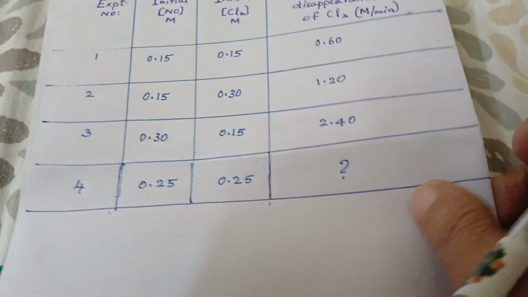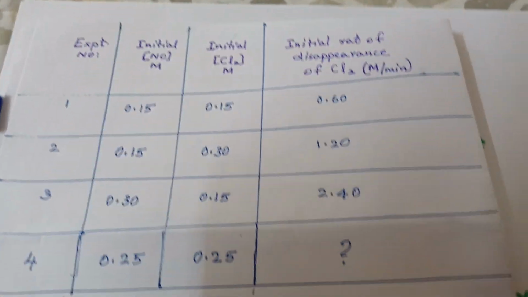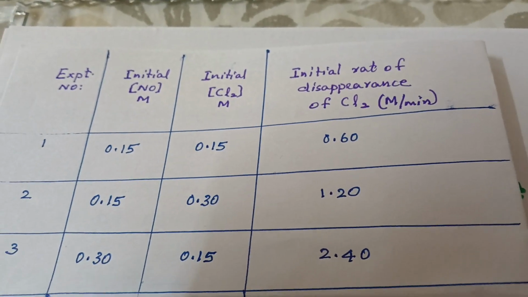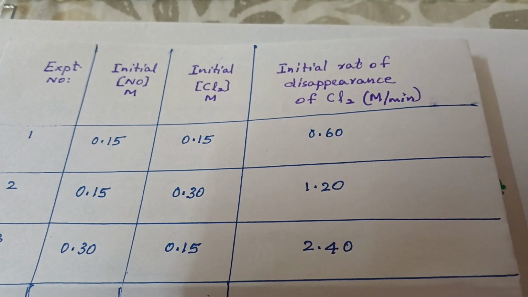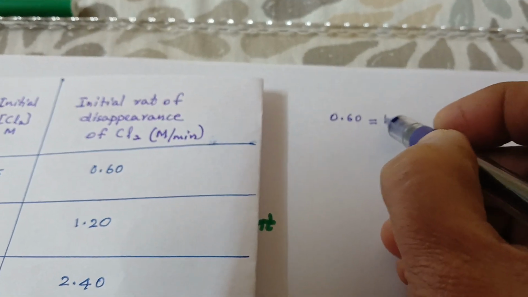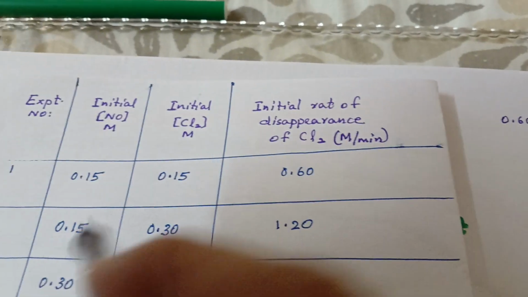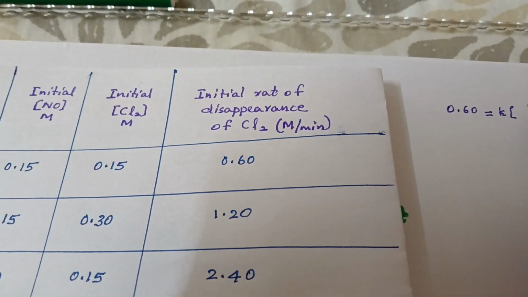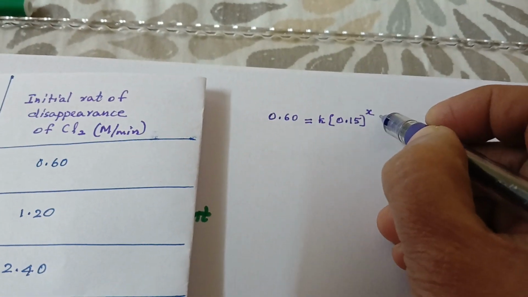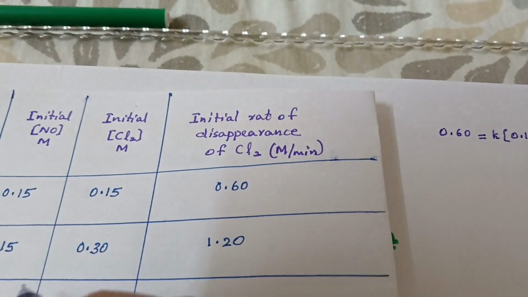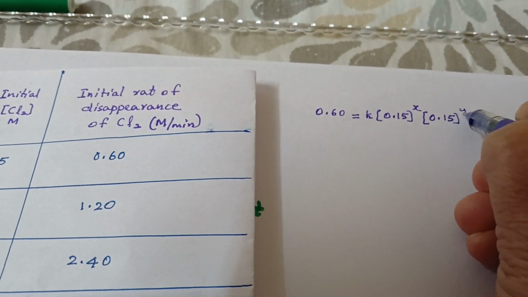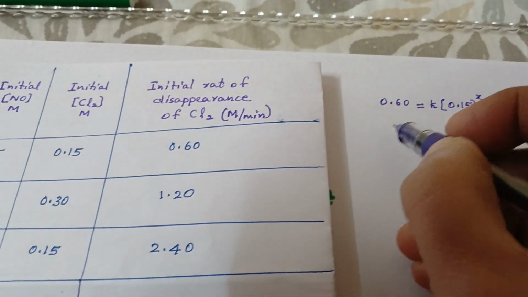Now from the given data, we can write for the first experiment, initial rate of disappearance is 0.60. That is equal to K into concentration of NO, that is 0.15, raised to X into concentration of Cl2, 0.15 raised to Y. That is the first equation.